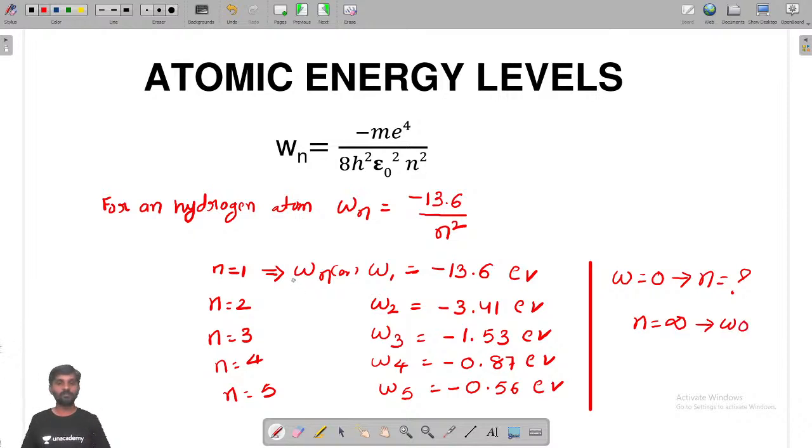Now for different values of n, you will have different energy levels.